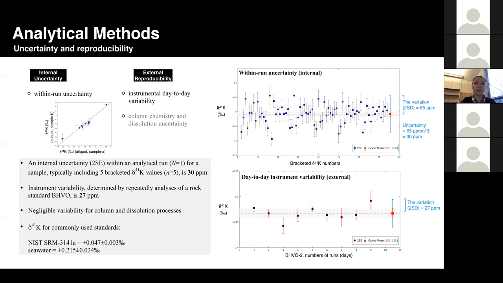Many commonly used standards for potassium are also reported here with respect to the Super Pure standard. I want to point out that we're able to resolve the difference between the two potassium standards that are used in most of the potassium literature, the Super Pure and NIST 3141a.